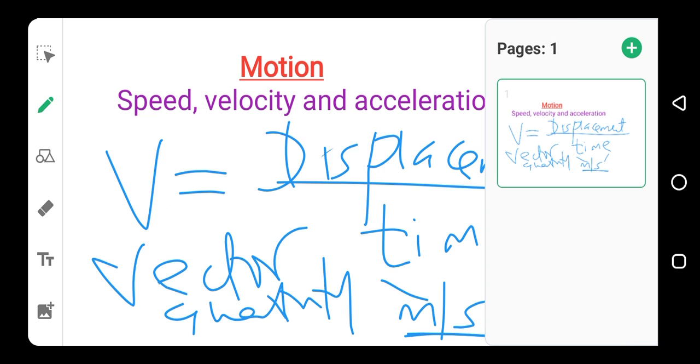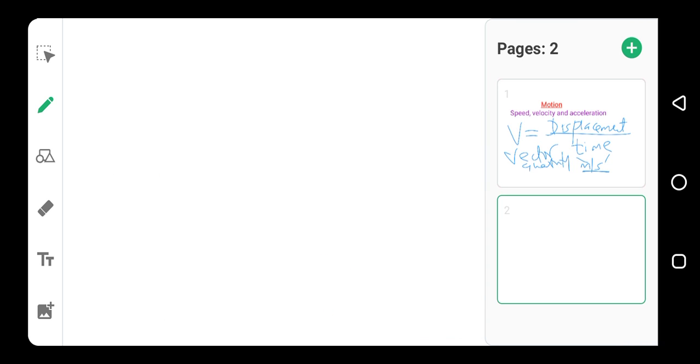Now let's see an example of how velocity is used or calculated. If a man travels 20 meter north in 5 seconds, calculate his velocity.